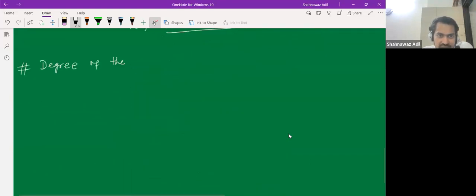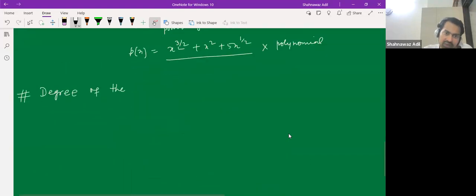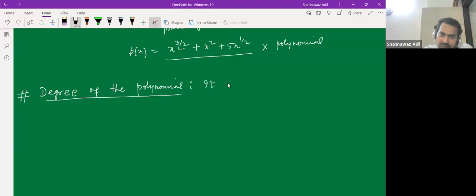So first, let us understand the degree of the polynomial. The degree of the polynomial is the highest power on the variable.